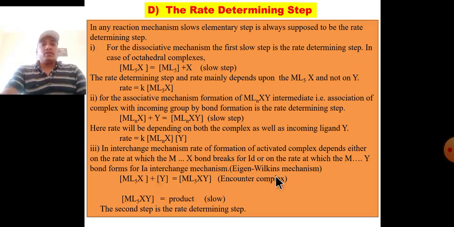According to the Wilkins mechanism, the first step forms an encounter complex: ML5X plus Y is in equilibrium with ML5XY. Then the encounter complex is converted into product in the slow step. The second step is the rate determining step.